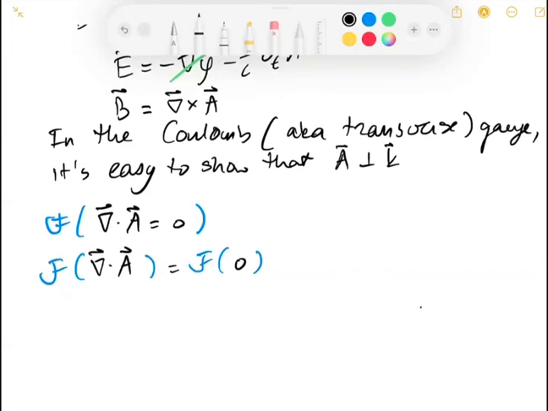We can just swap it out for an ik. So we get ik vector, and then we can pull it out of the Fourier transform. So what we have left here is the Fourier transform of that original function.